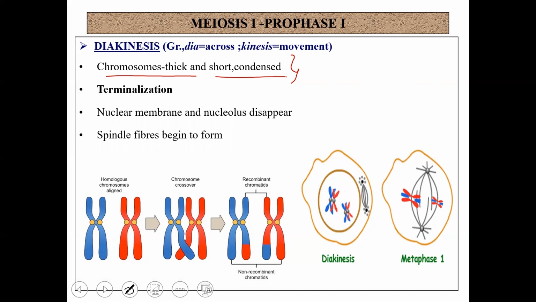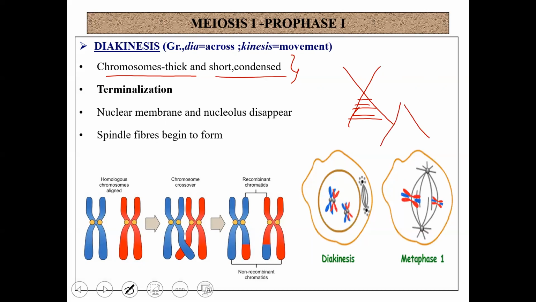The chromosomes become thick, short and condensed, and the egg-shaped structure which was formed, now slowly, due to the synaptonemal complex which has dissolved, you can see how the egg-shaped structure was formed, and once again it is going to repel and they are going to separate themselves.